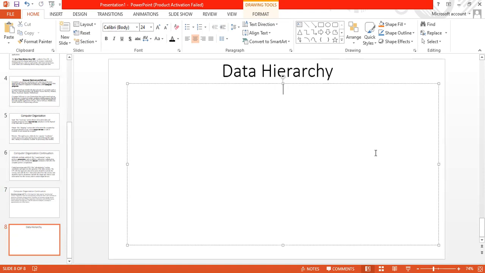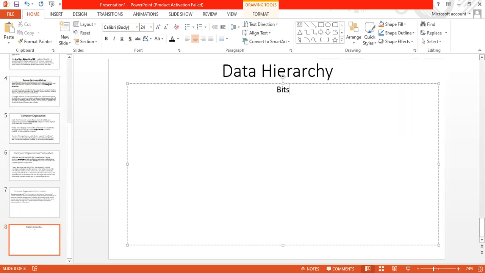We are starting from the least, which is our bits. Bits is what they are known as. They are the smallest data item in a computer.